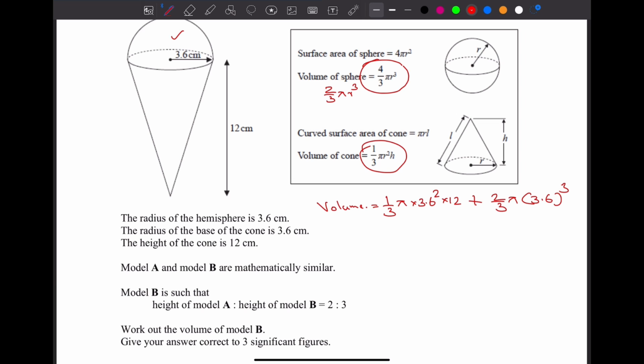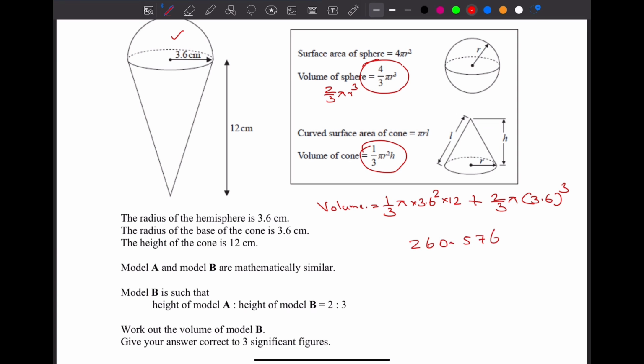So we will just plug the whole thing in a calculator anyways, right? 1/3 pi times 3.6 squared times 12 plus 2/3 pi times 3.6 cubed, the hemisphere, which will give you 260.576.